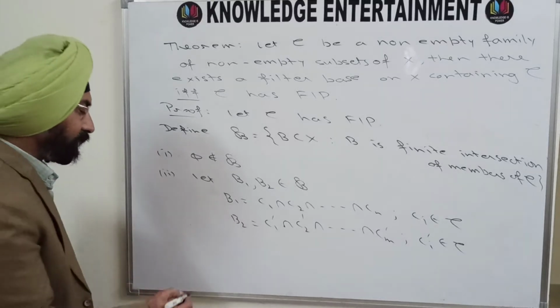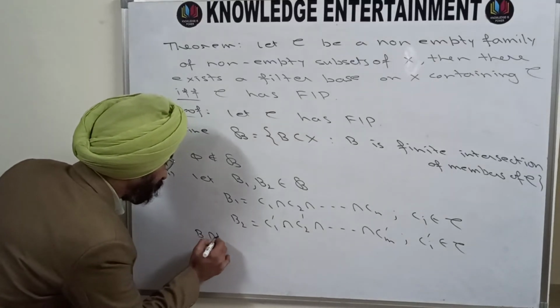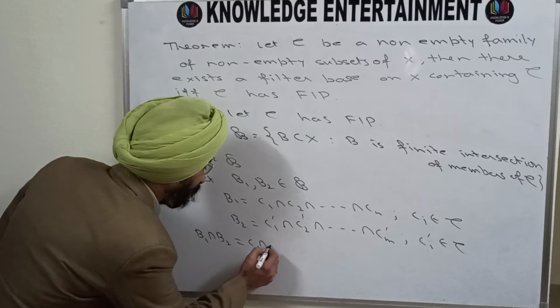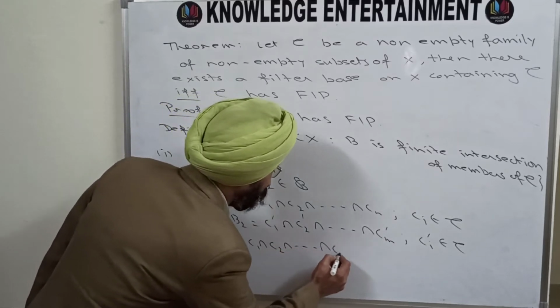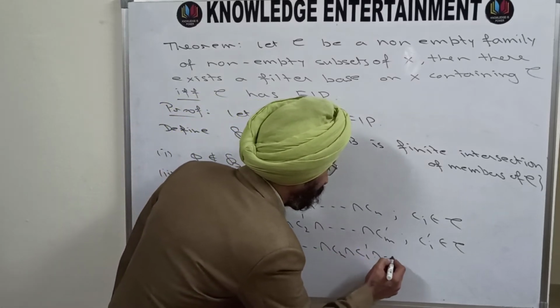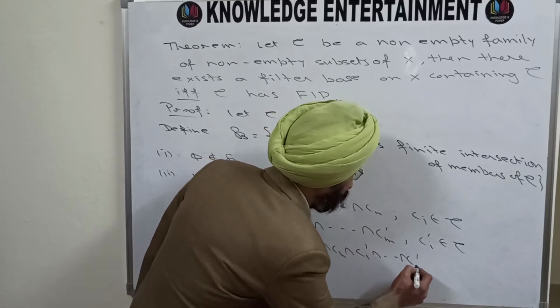So what is their intersection? B1 intersection B2 is C1 intersection C2 and so on intersection Cn intersection C1 dash and so on intersection Cm dash.